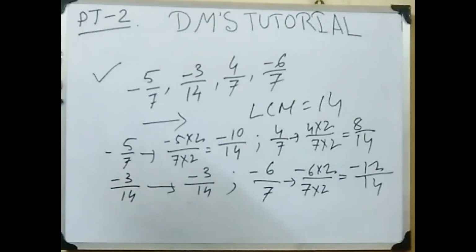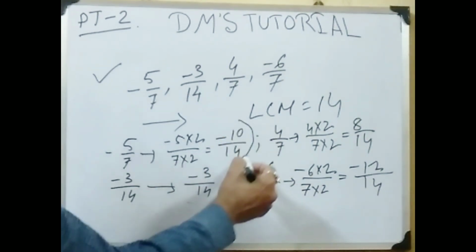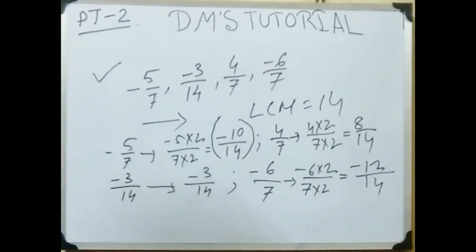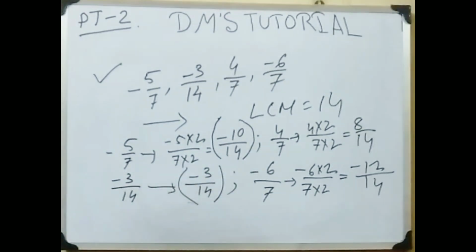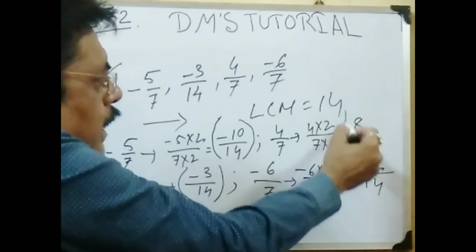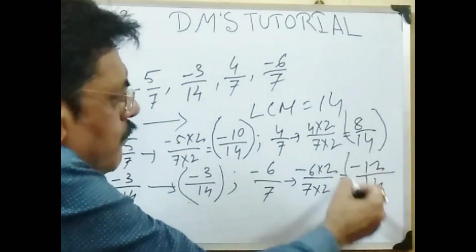We have got 4 like fractions: minus 10 by 14, minus 3 by 14, 8 by 14 and minus 12 by 14.